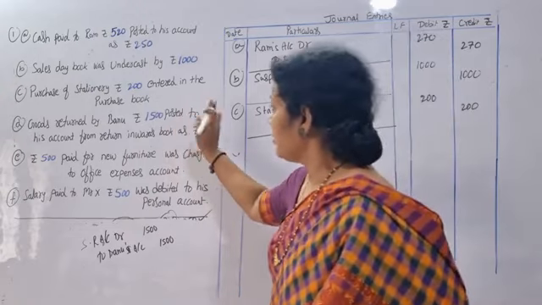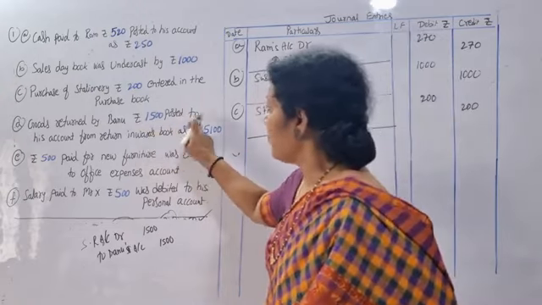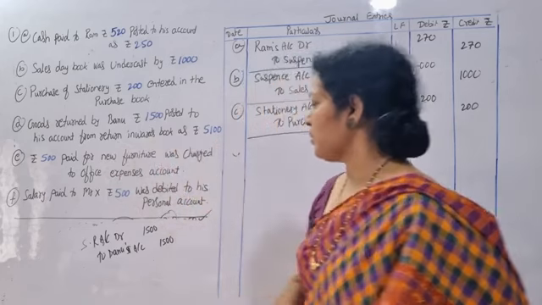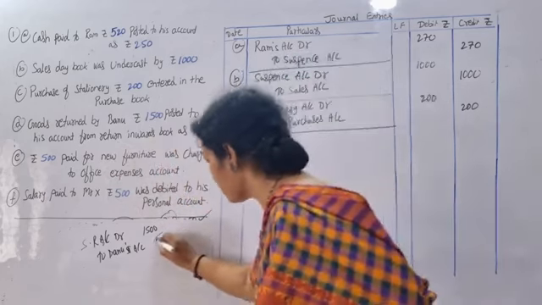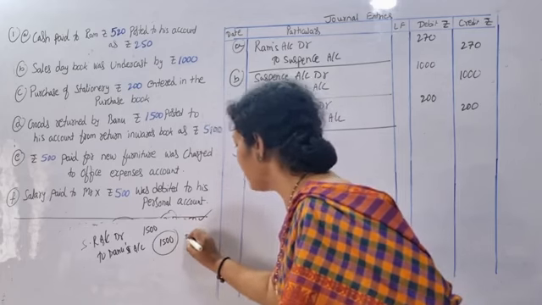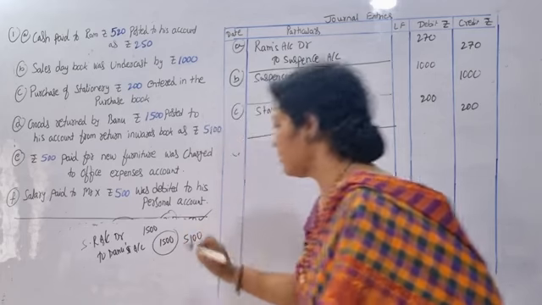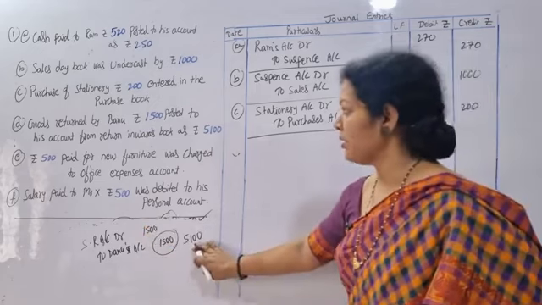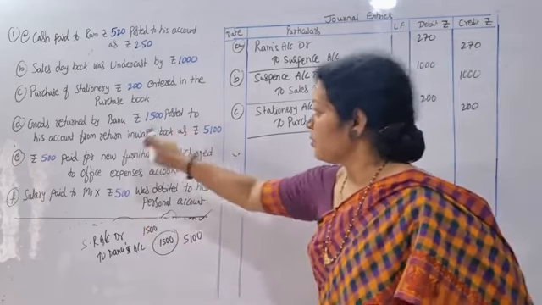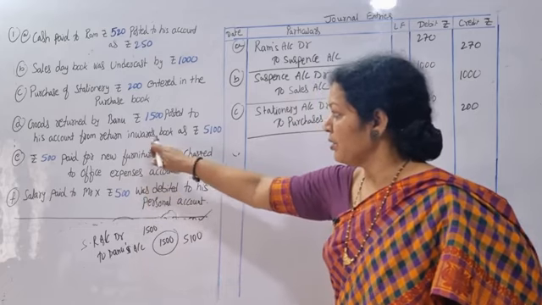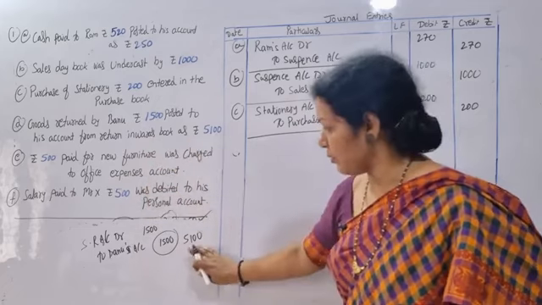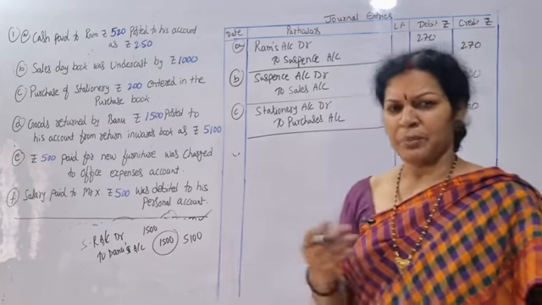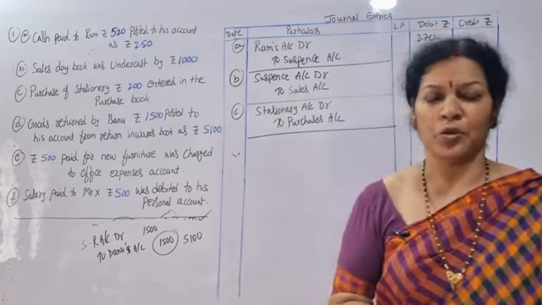Now, Banu 1500 posted to his account from the return inwards book as 5100. In Banu's account, this amount is written as 5100, but the original amount is 1500 only. Means an extra amount is written.